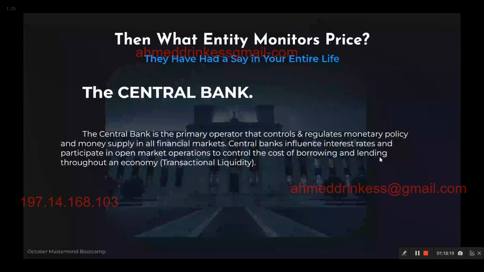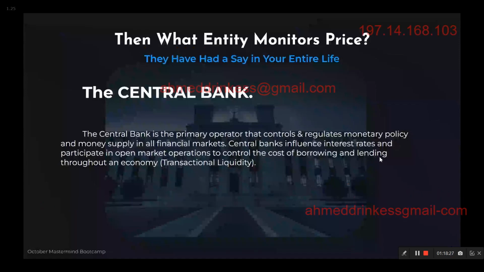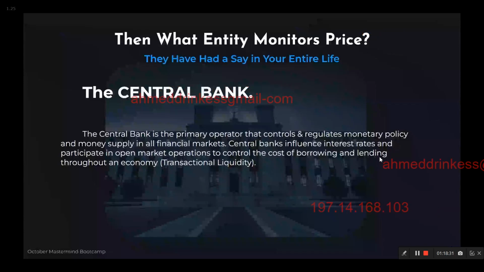Now, we know what imbalances are, but why is it so important that imbalances need to be filled, or that liquidity needs to be balanced? Because of transactional fairness and distribution. There always needs to be equalness or fair market opportunities for both buyers and sellers.